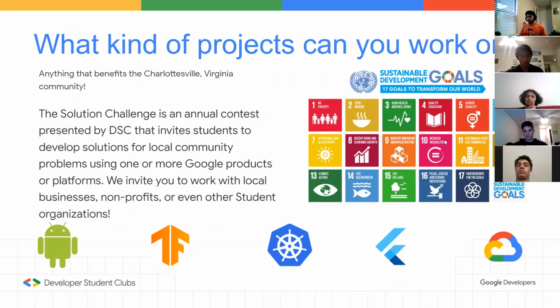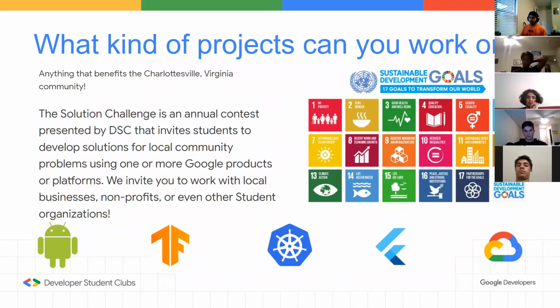Now, they haven't formally released the 2022 Solution Challenge prompt or template or whatnot. But this previous year for 2021, I myself participated in it. The premise that we had was to solve a problem that also addresses one of these UN Sustainable Development Goals.